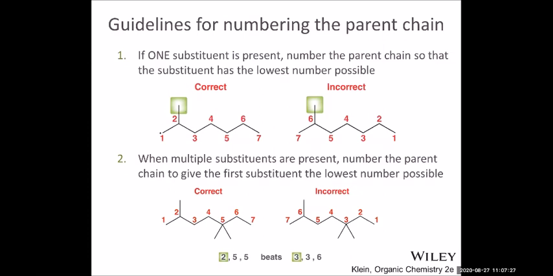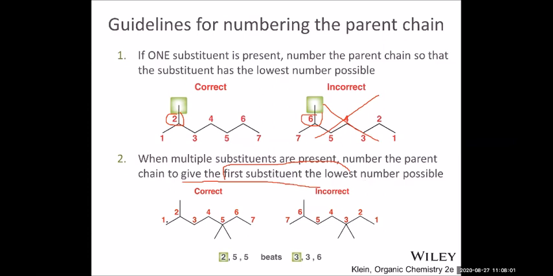From left to right, this is location 2, which gives you a methyl group. If you number from right to left, position 6 has a methyl group. This is not good because it's 6 versus 2. If you have multiple substituents, the rule is to give the first substituent the lowest number.